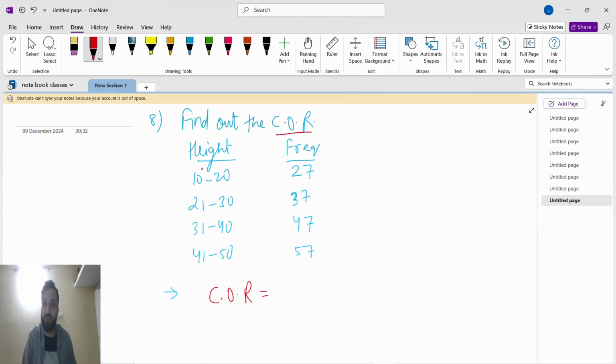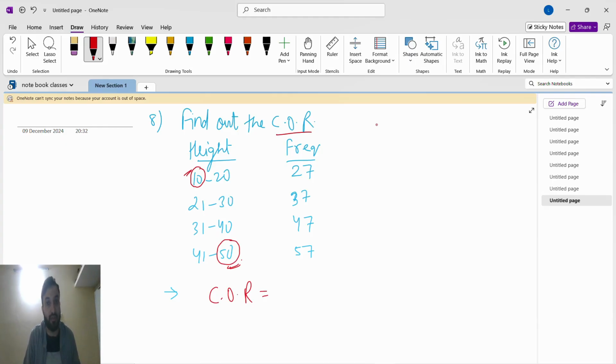Which values are we going to focus on? Only the last value, which is the highest observation, and the first value, which is the lowest observation. So 50 we will take as the highest observation, and 10 as the lowest observation.